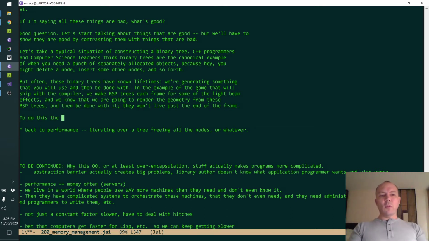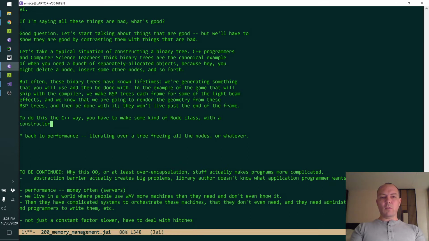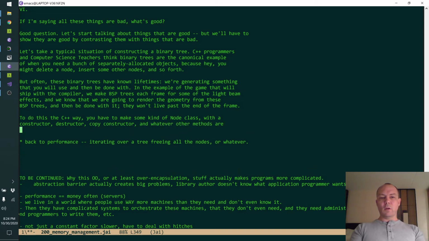To do this the C++ way, you have to make some kind of node class with a constructor, destructor, copy constructor, and whatever other methods are required.